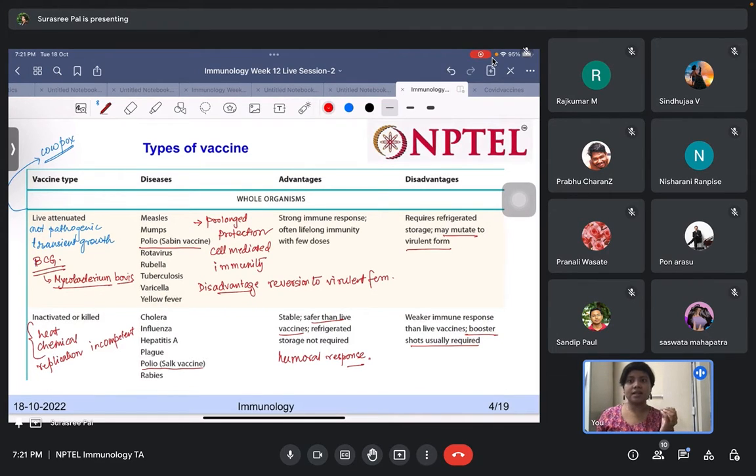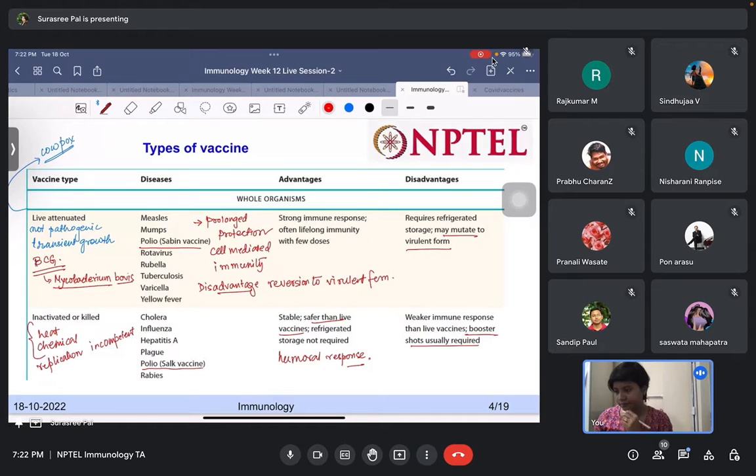Otherwise, if any pathogen we are injecting into a healthy individual is not killed properly, it may cause the disease, which is not required.